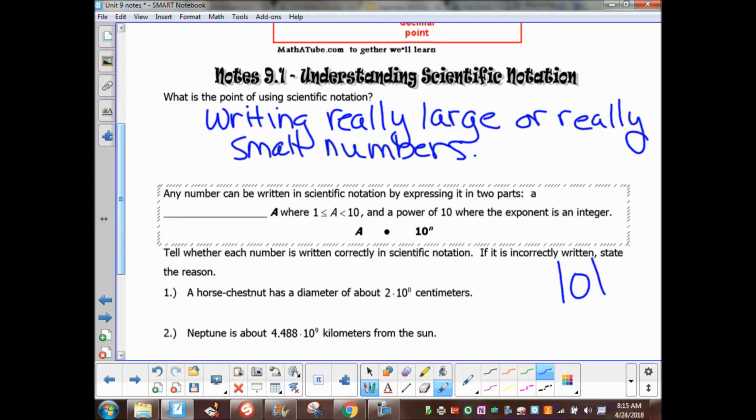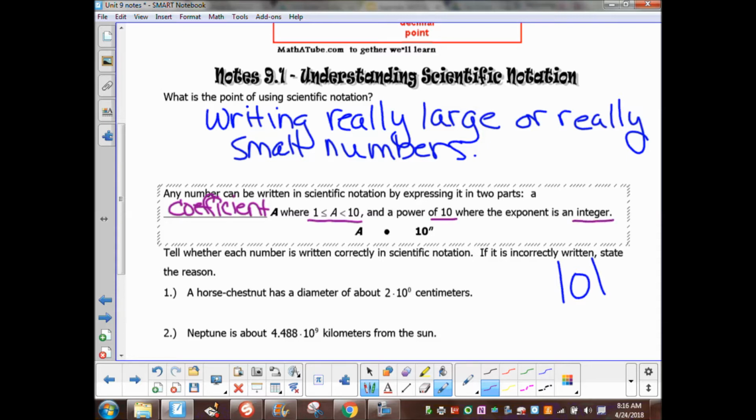It says a number can be written in scientific notation by expressing it in two parts. A coefficient, A, where A has to be some number from 1 all the way up to, but not including 10. In other words, it's got to be a single-digit number. And a power of 10, where the exponent is an integer.